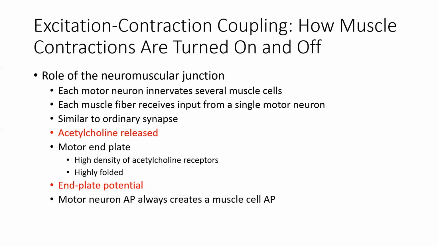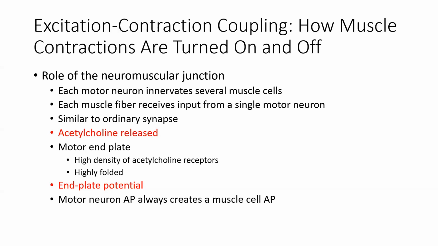And so this is similar to an ordinary synapse in that acetylcholine is going to be released from the axon terminal, and that is going to bring about an end plate potential on the motor end plate. And if you remember, we described the motor end plate as being that highly folded membrane of the skeletal muscle fiber.